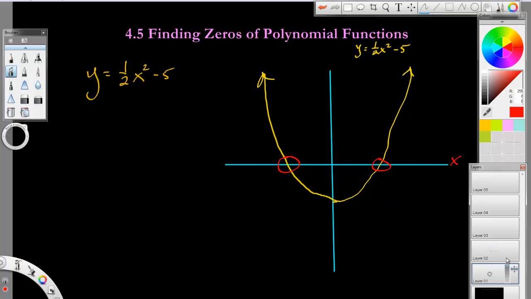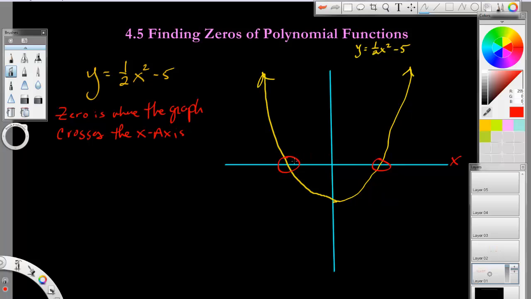There we go. A zero is where the graph crosses the x-axis.